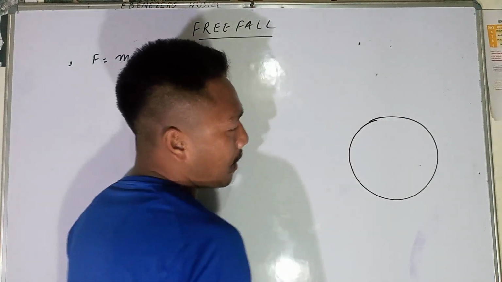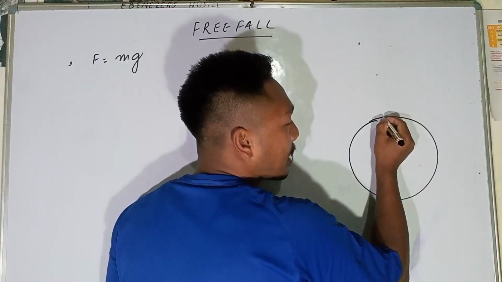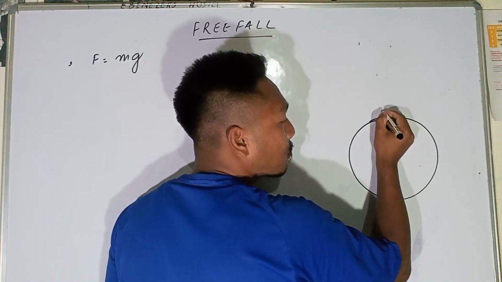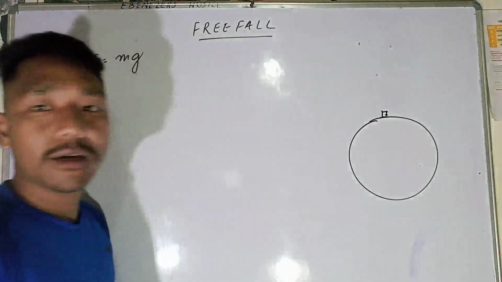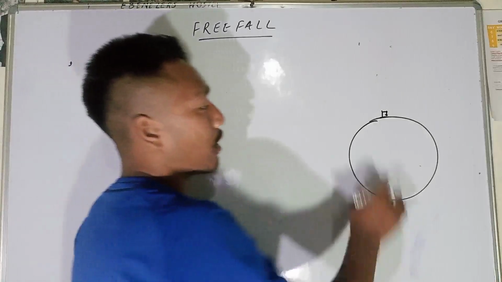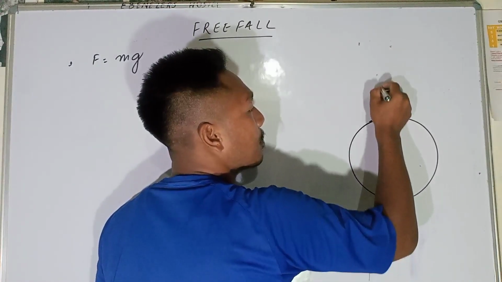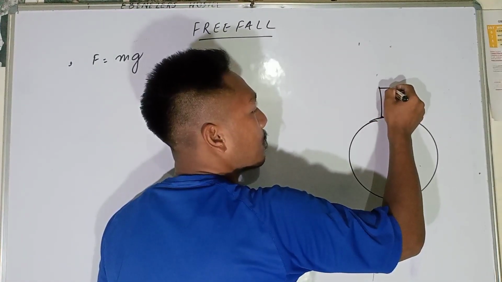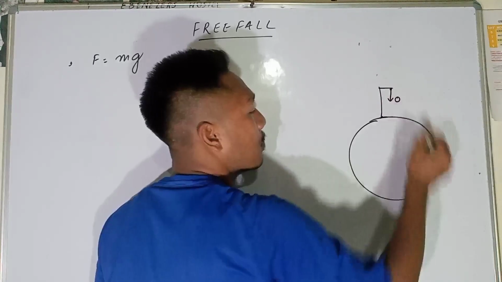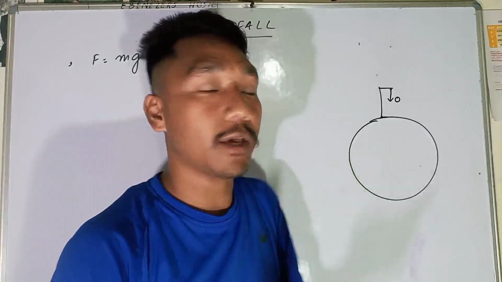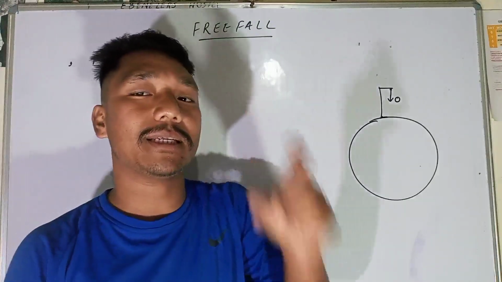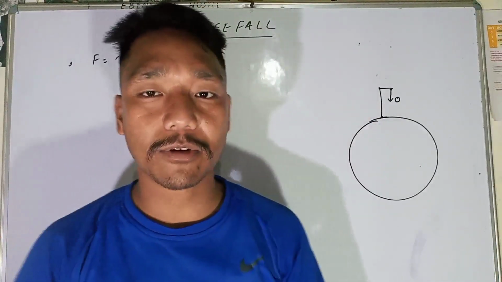The object we are taking is on the surface of the Earth, and it is falling in this direction. Let's say this is our height. We cannot actually show this in 3D, so let's say this is the surface of the Earth.